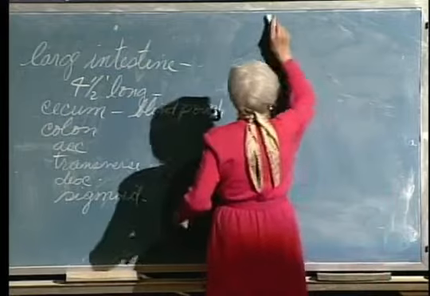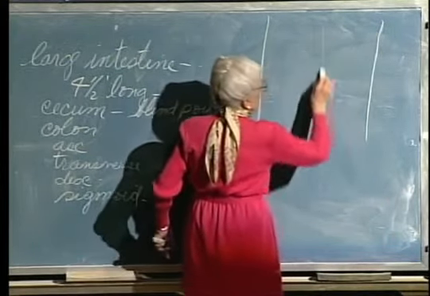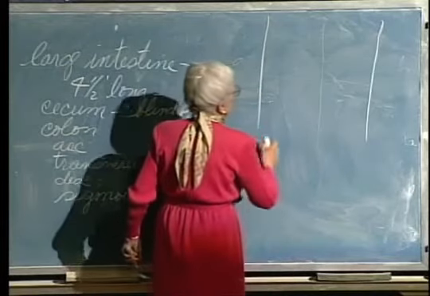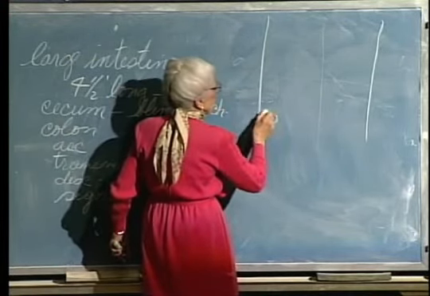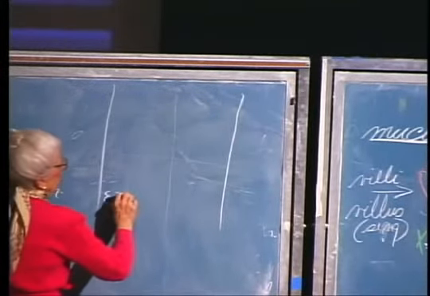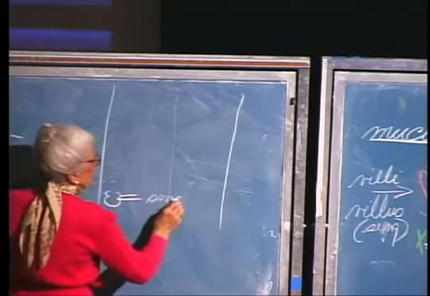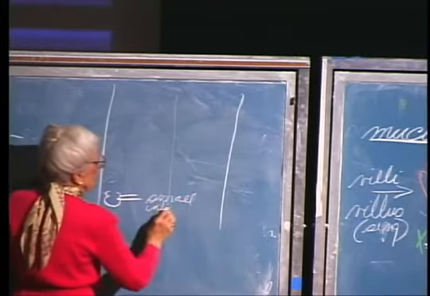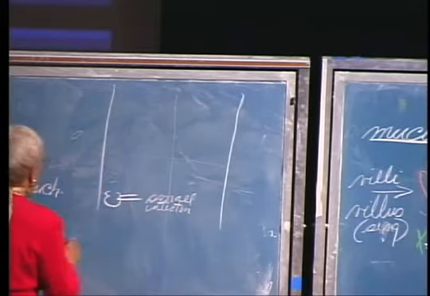So let's just pretend this is our abdominal wall, divided in quadrants. We're going to start over here with this blind pouch. And we have the small intestine coming in here. So what did we call the valve?